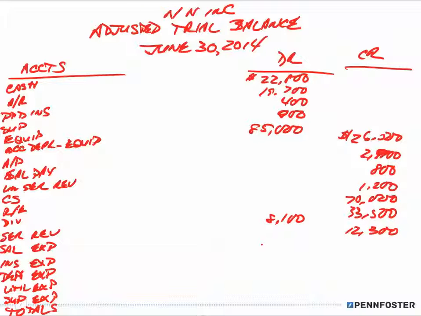And then now I have to go back over to my expense accounts, which are debits. So I have 4,200, 1,900, 1,900, 2,500, 900, and then 800.